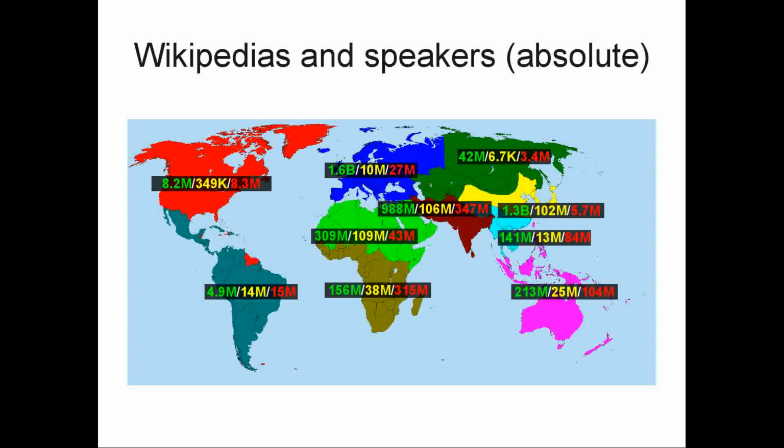But we should also take a look into the absolute number of speakers with and without Wikipedias. You can see that numbers here are not equal to the population of particular countries. There are just something like 17 million speakers of Anglo-French America, although there are around 500 million inhabitants.